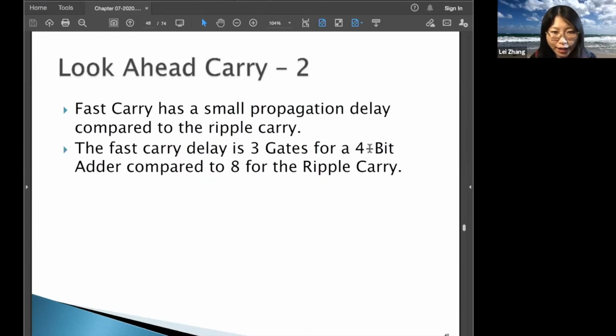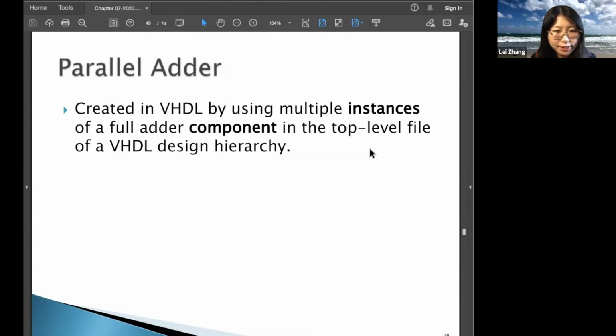Okay, so again, the look ahead carry. We have already mentioned that. So, the parallel adder with components. When we talk about a parallel adder, we know that if we use a 4-bit parallel adder, that's 4 full adder components. In VHDL, we can use a component, which is actually another VHDL file.